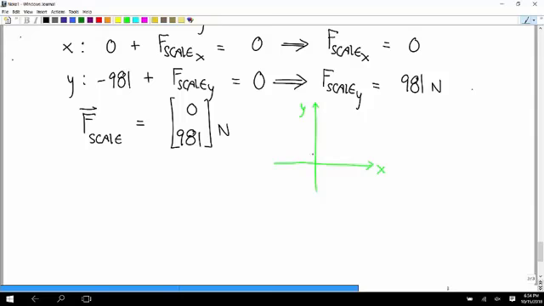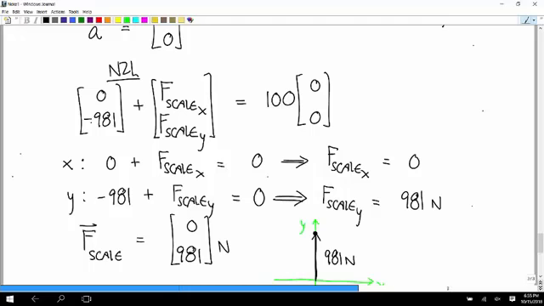So go 0 x, positive 981 y. You get a vector that looks like this, magnitude of 981. So another way to say this is a magnitude of 981 newtons. So the scale is applying a force of 981 newtons up on the man's feet.